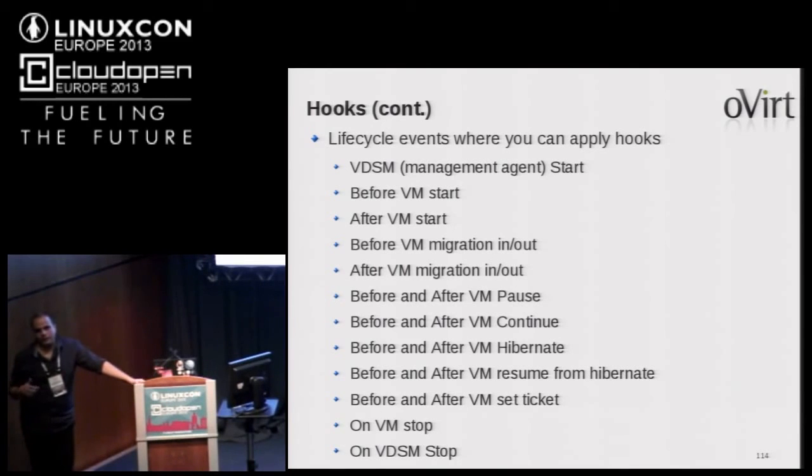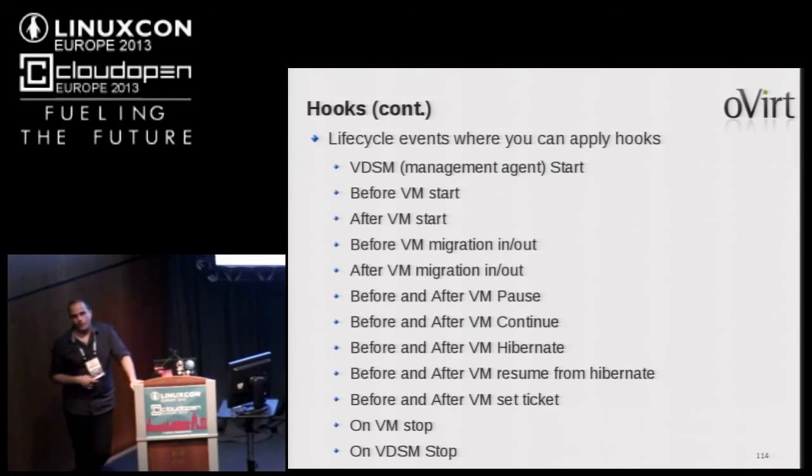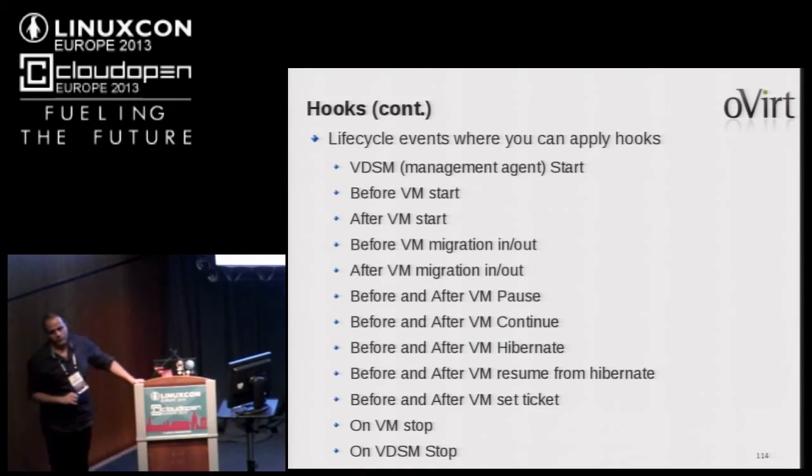In other cases, if it needs the hook, then you need to put it there, and you would probably hook to the before migration, after migration, and you see it's before VM migration in or out, so in the source or the destination host. But the hooks are all deployed and deleted manually. All the hooks are deployed, deleted and modified manually. They are not managed by the engine. As far as I know, we can't really, I'm not sure about that also.